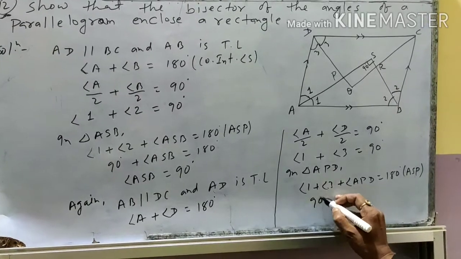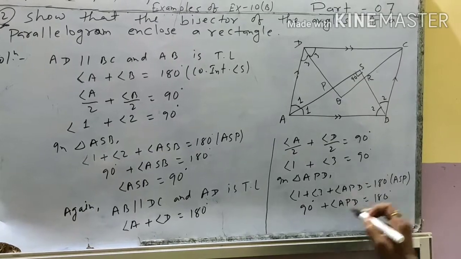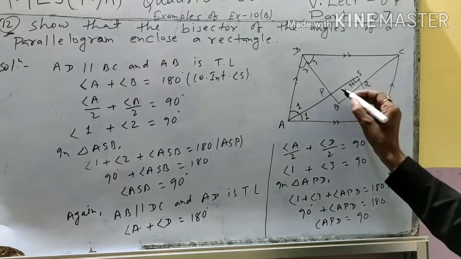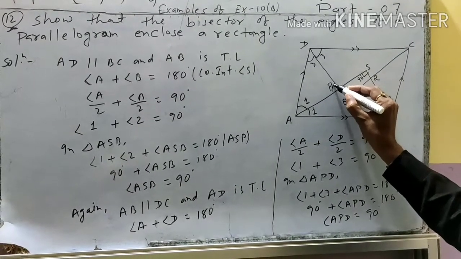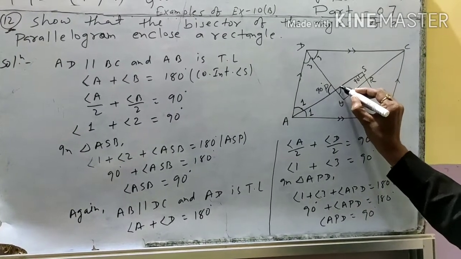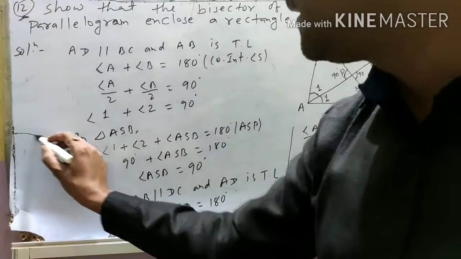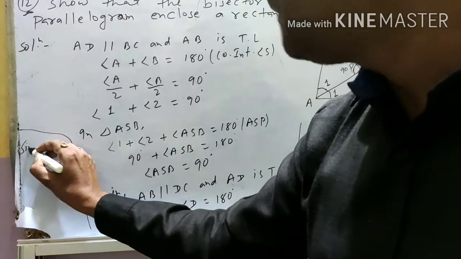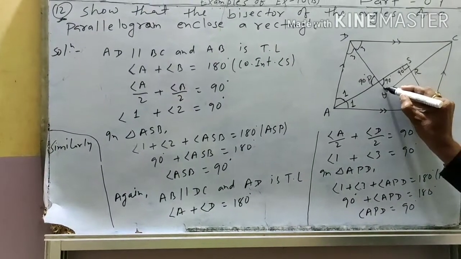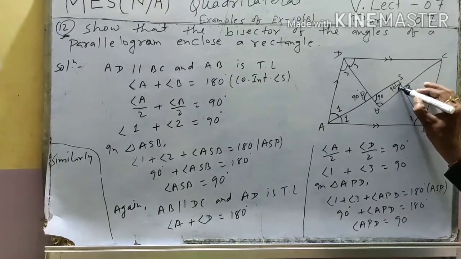Angle 1 plus angle 3 is 90 degrees, so angle APD is equal to 90 degrees. If this angle is 90 degrees, then vertically this angle is also 90 degrees. By similarity, angle Q is also 90 degrees, and this angle is 90 degrees, so this angle is also 90 degrees.